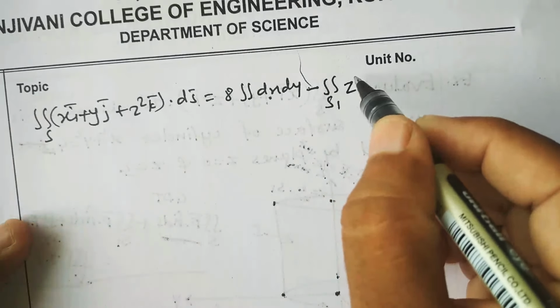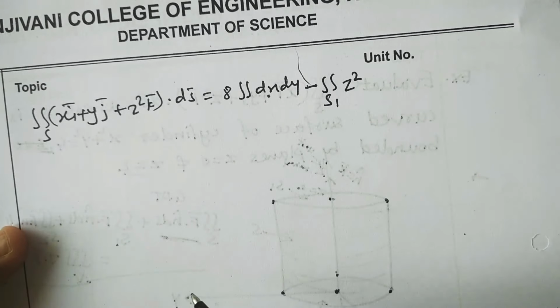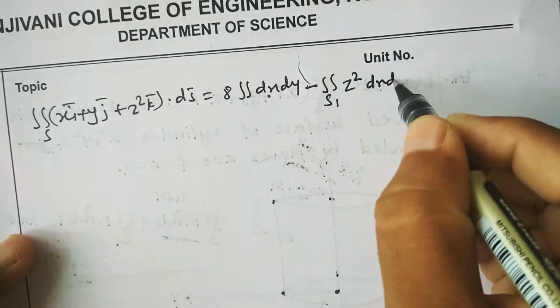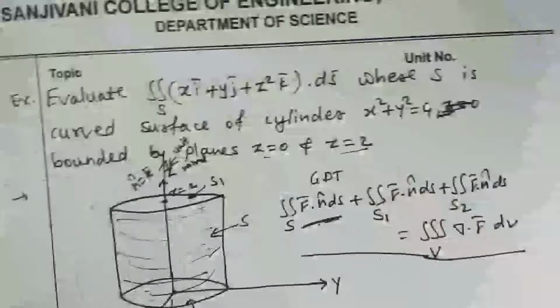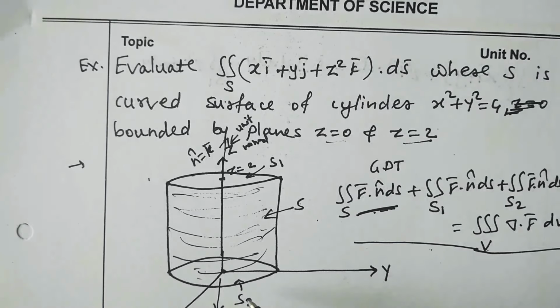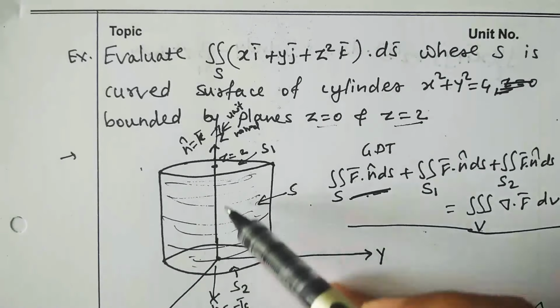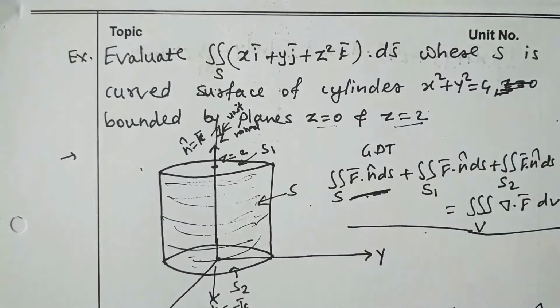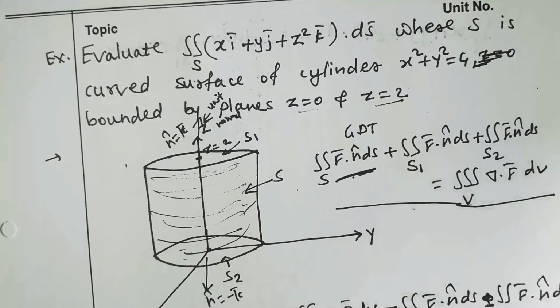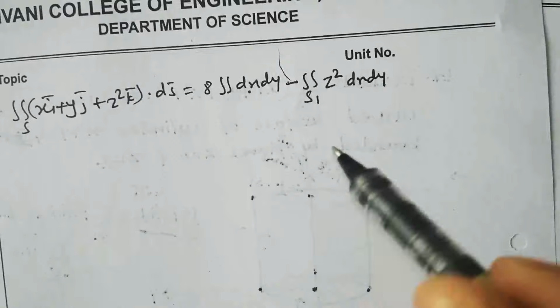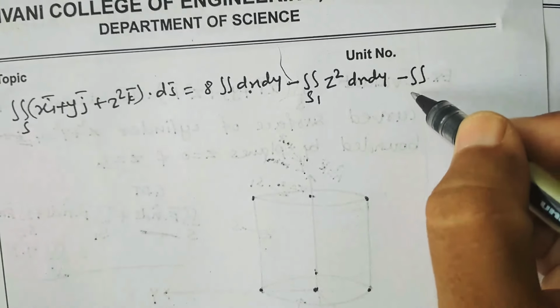Value of f bar dot n cap is z square, and value of ds is dx into dy, because this surface is above the xy plane. Minus I3, that is double integration over surface S2.